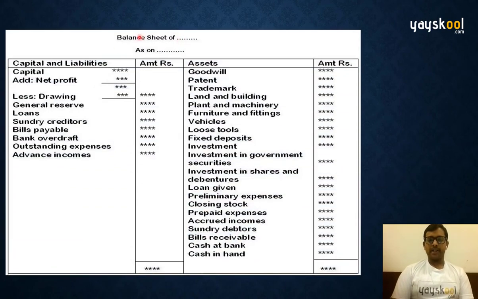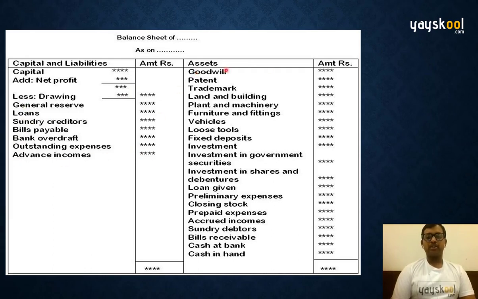Balance sheet. It is prepared by every company at the end of the year because it shows the financial position of the company. And investors, before investing any amount, can take decisions either to invest or not. The liabilities include capital plus net profit less drawings, general reserves, loans, sundry creditors, bills payable, bank overdraft, outstanding expenses, and advance incomes.